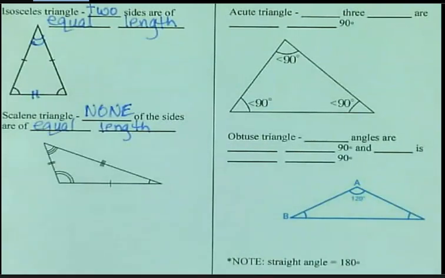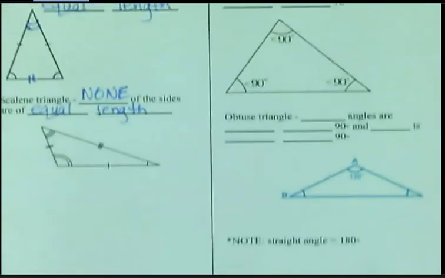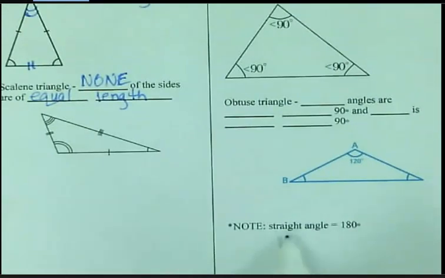All right. Now I want to show you something before I move over to angles. Down here at the bottom, you see where it says note, straight angle equals 180 degrees.